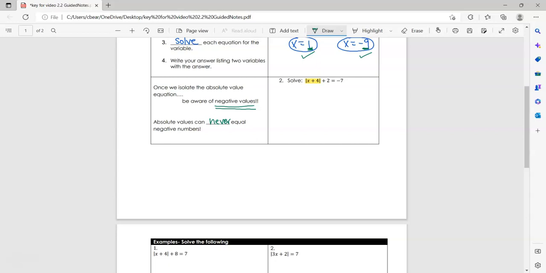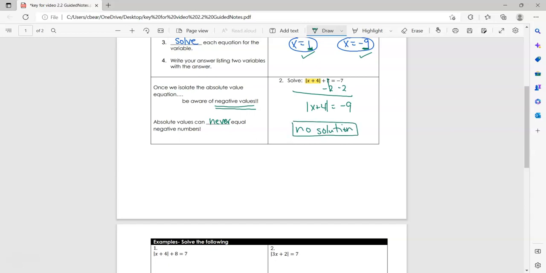So we have to do that first before we can discuss what the note was there. So take away the 2. And we get absolute value of x plus 4 equals negative 9. This is impossible because the absolute value of anything never gives you a negative number. So we would say there's no solution here. Okay?